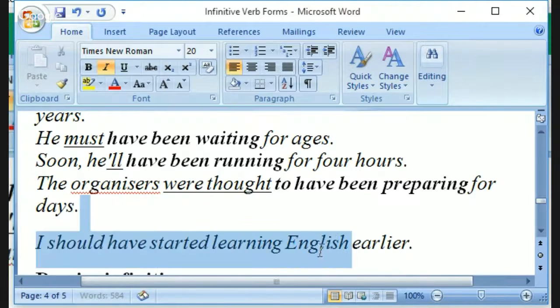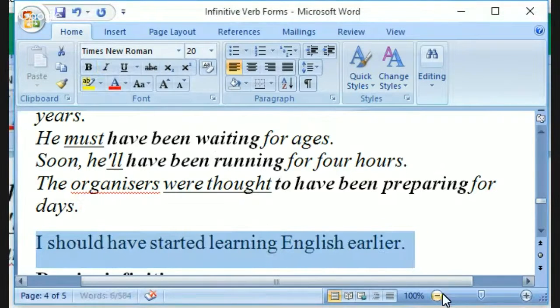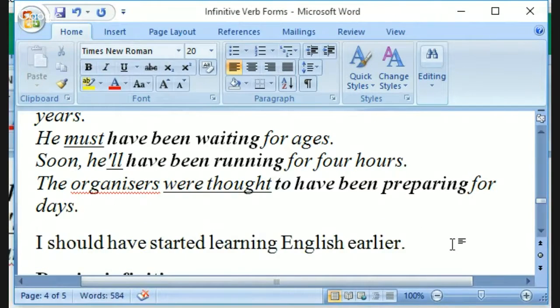I'm using all italics, and I'm driving myself crazy trying to type it. Okay, what is this really? A perfect modal: should have started, which is basically present perfect tense with a modal.